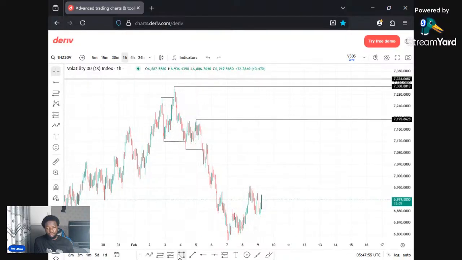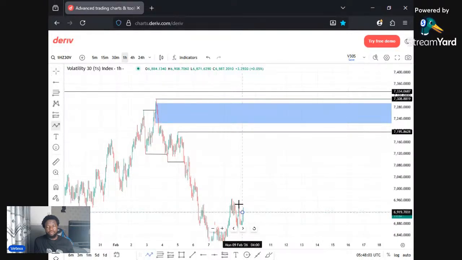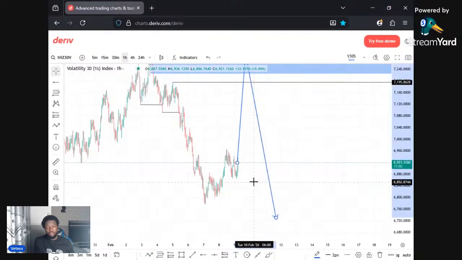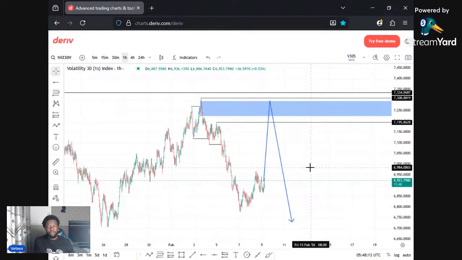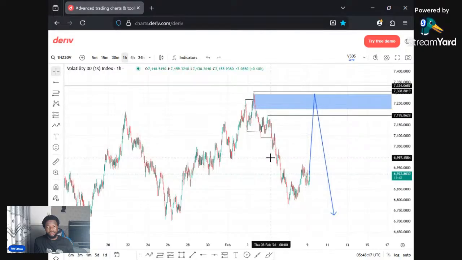So the whole of these zones are points of interest. We're anticipating price to come in here again and sell, keep selling in the opposite direction. This is what we're anticipating on V31S.